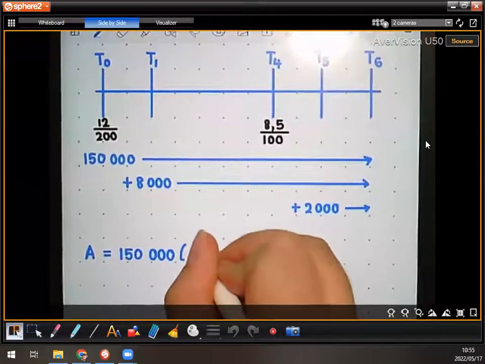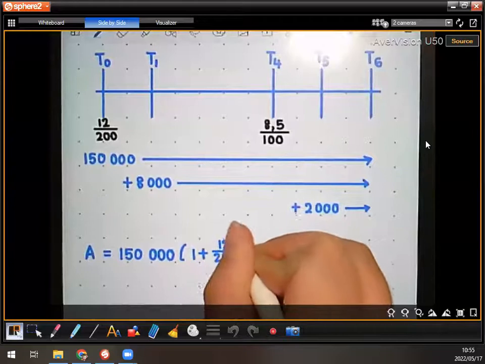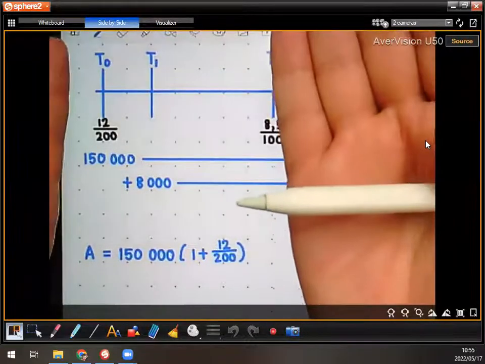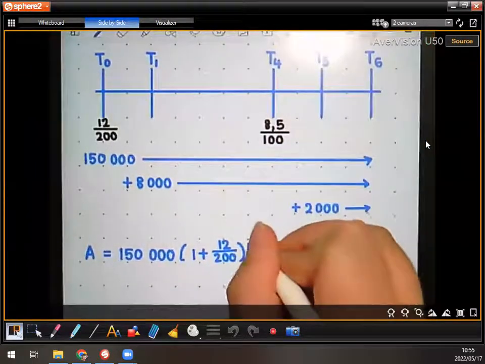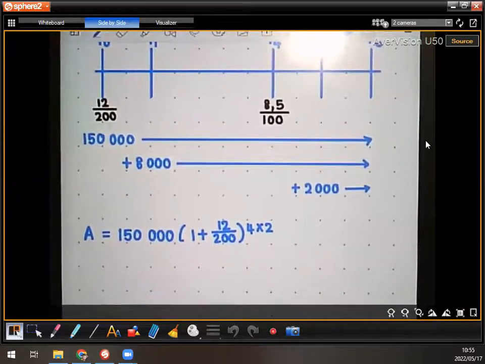We're going to say 1 plus 12 over 200. How many years was it at that interest rate for? 4 years. How many calculations per year? 2. Right, 12 over 200. So we have to multiply the number of years by 2. That's the first interest bracket.